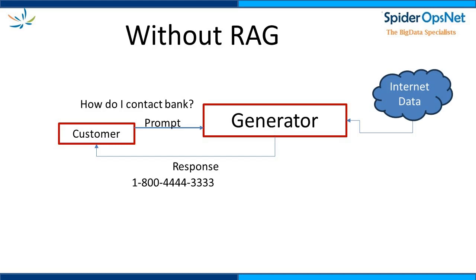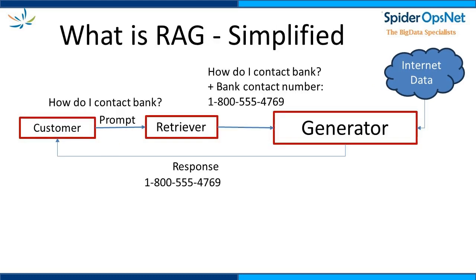Imagine this. Without RAG, a customer asks the chatbot, what is the support number for the bank? The chatbot looks up on the internet and finds a con artist's number, say 1-800-444-3333, and gives it to the customer, who then gets conned. Scary, right? But now, let us introduce the retriever.